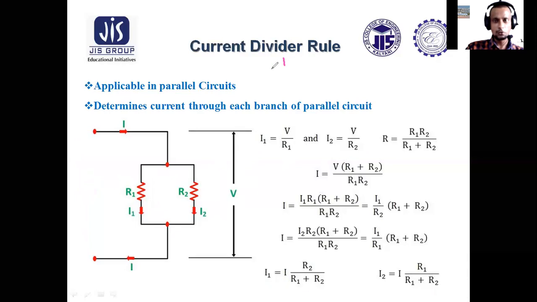we know the formula for parallel resistances: the equivalent resistance formula is 1 by Req equals 1 by R1 plus 1 by R2.